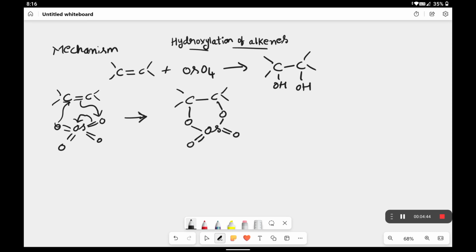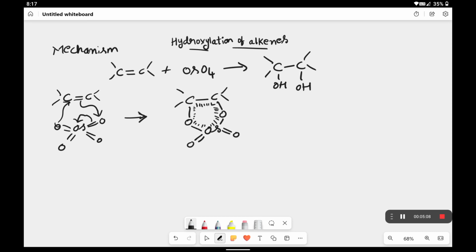Isn't it? Osmium-oxygen-carbon, the C-O-R, is called an ester group. So here this cyclic inorganic ester is formed. It shows a transition state. Transition state means the carbon-carbon double bond is about to leave and the carbon-oxygen bond is about to form.